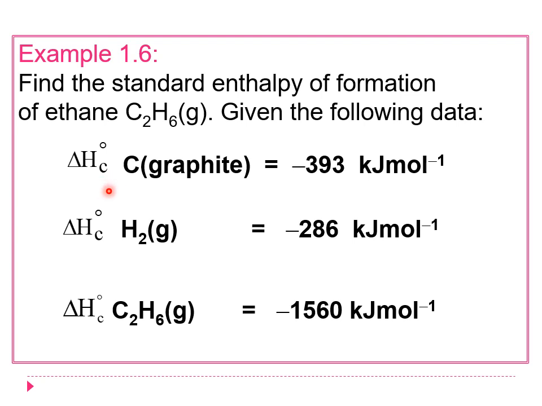It means that carbon is combusted because C stands for combustion. Delta HC for H2. Delta H combustion for ethane. These three data are very critical for us to know how to manipulate. So the first task that we have to do is write the equation.